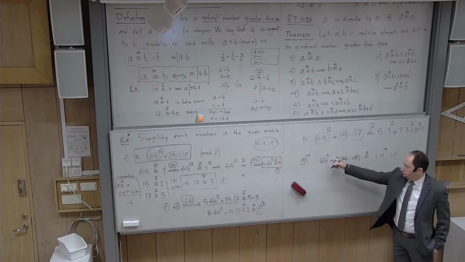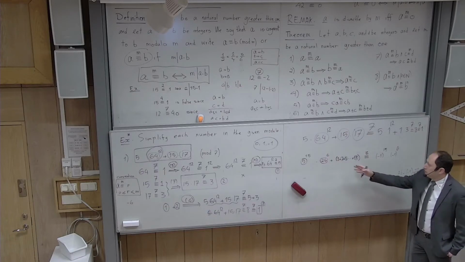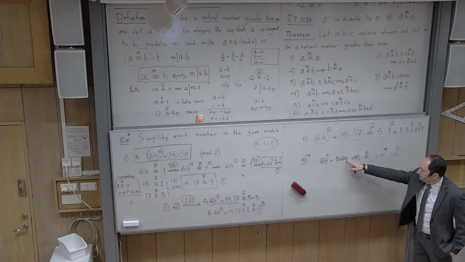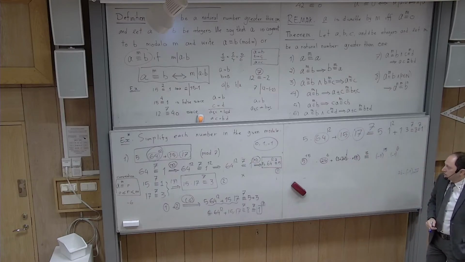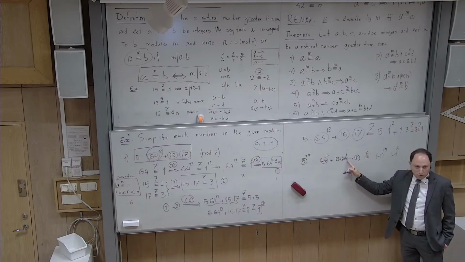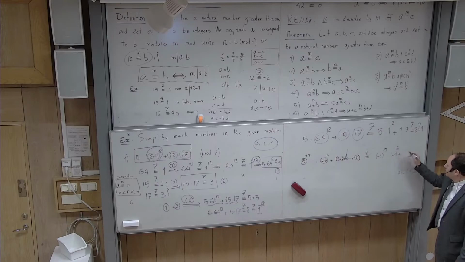And then I am not, of course, allowed to change the powers. I have to keep the powers. But what do you think will happen here? There is one number at least I can immediately see that I can replace with what? 0. I don't even bother about the rest, because that one single number 0 makes everything 0. So what I do, let me just write it if you want to in the future.